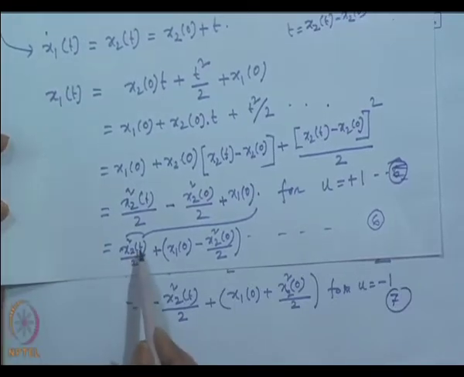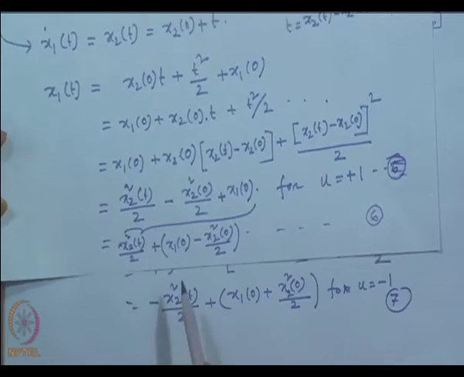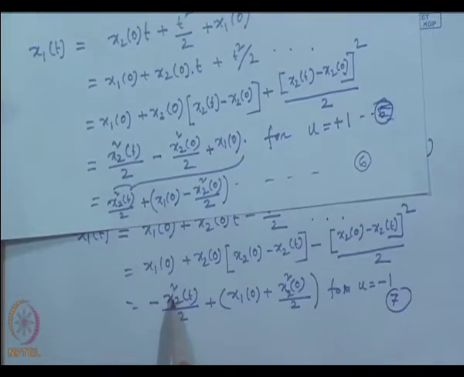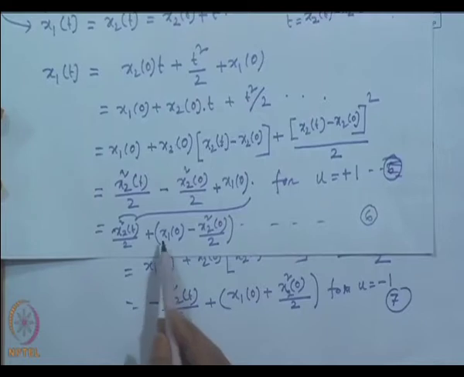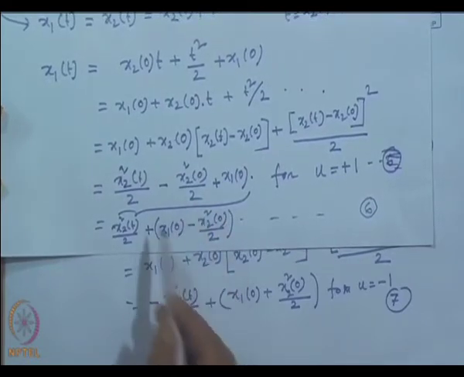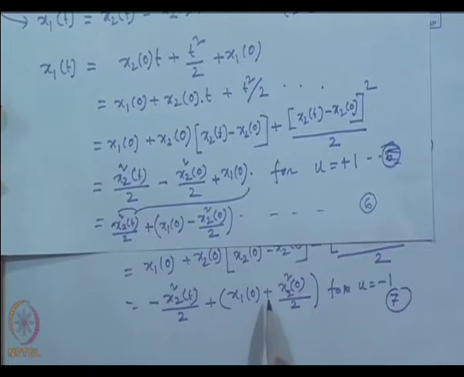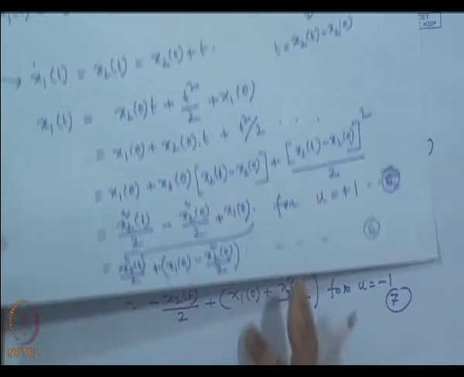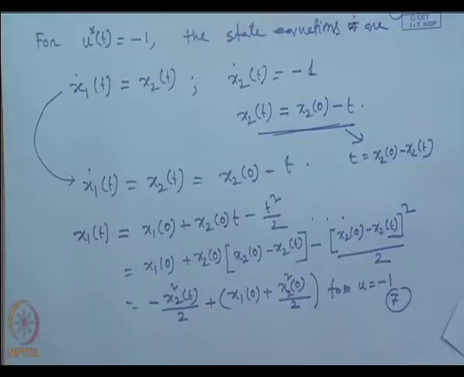This is plus x2 square by 2, and here it is minus x2 square by 2. Then this constant term depends on the initial condition of the state, x1 of 0 plus x2 square of 0 by 2. Agree? So, these are the two equations.